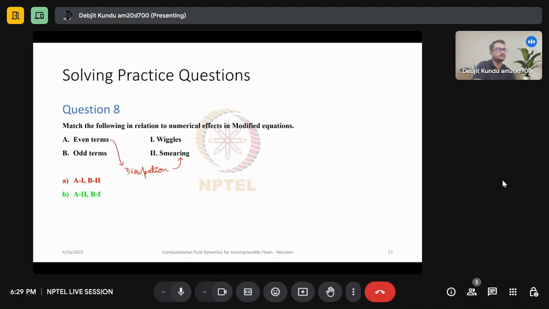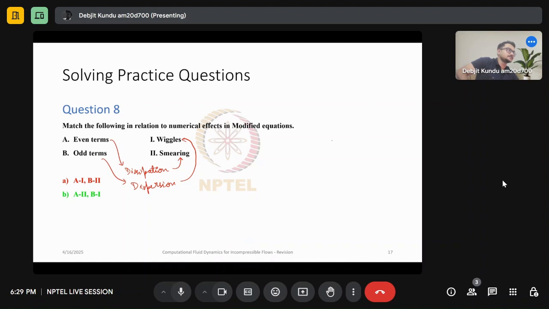So A2. Whereas odd terms result in something called dispersion, resulting in wiggles forming in the solution.